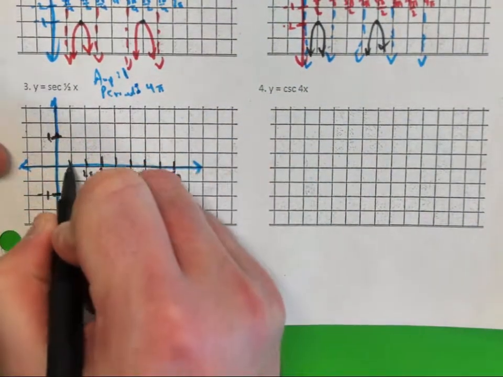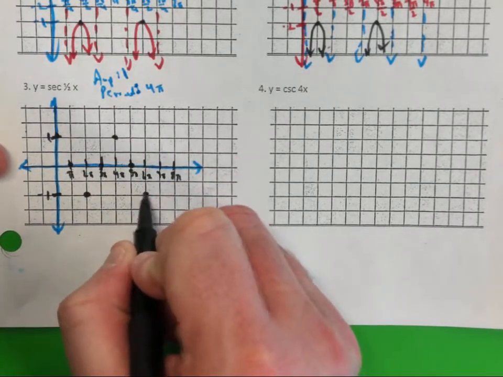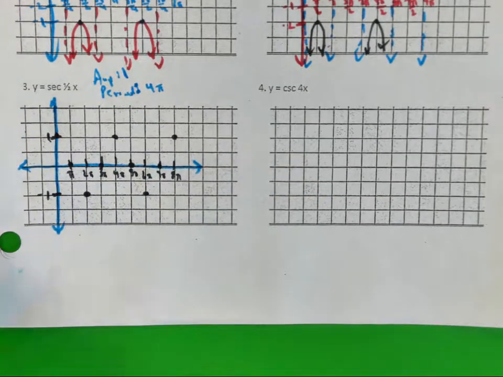There's no reflection. Wherever a point appears on the x-axis is where I'm going to put my asymptote.